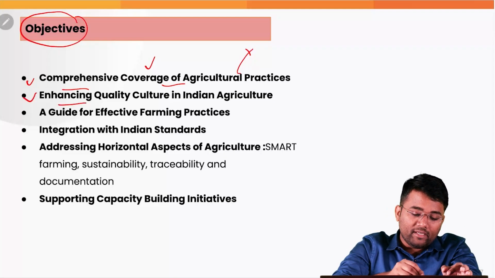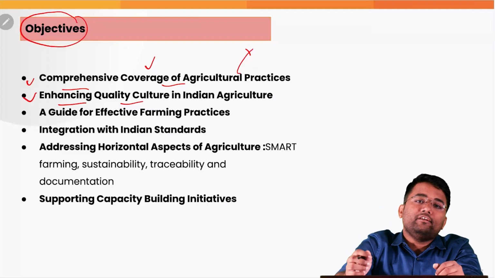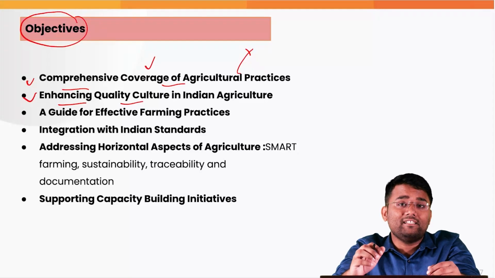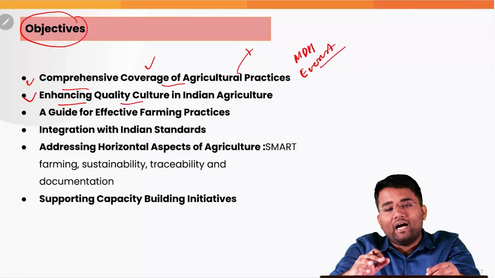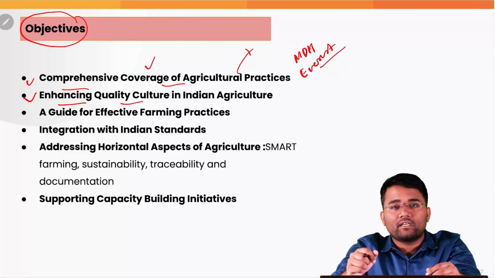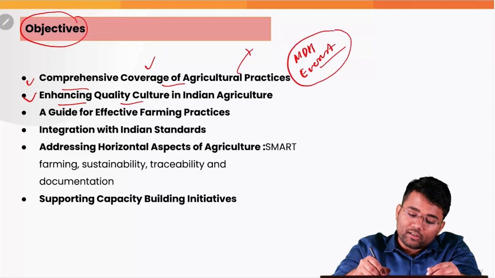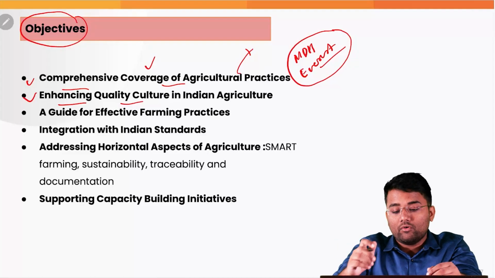Then it will also help in enhancing the quality culture in agriculture. For example, recently if you are following current affairs, you would have an idea that several spices from the MDH, Everest, etc. companies were returned back from Singapore and various countries of Europe, because they were not following the quality that is mandated in these countries. What was the issue?